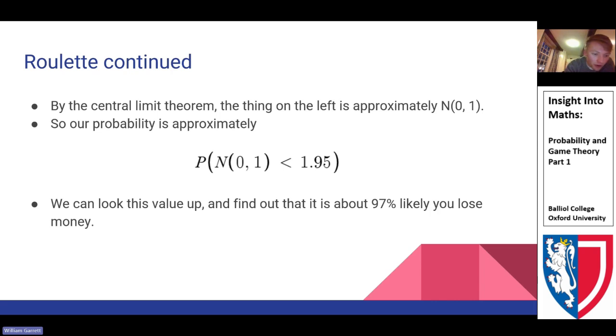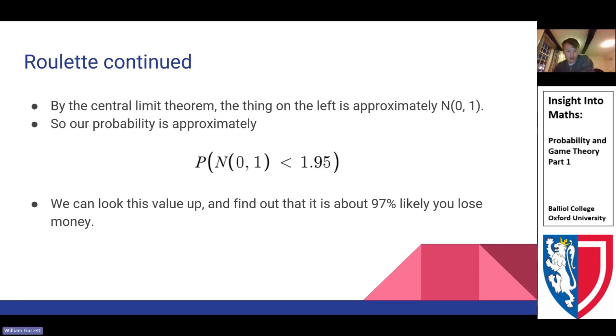The function is defined as f of x is the probability that a normal 0, 1 is less than x. Some calculators have this built in, and you would just plug in 1.95 and you should get out something like 97%. Otherwise, I just Googled normal cumulative distribution function, and it came up.